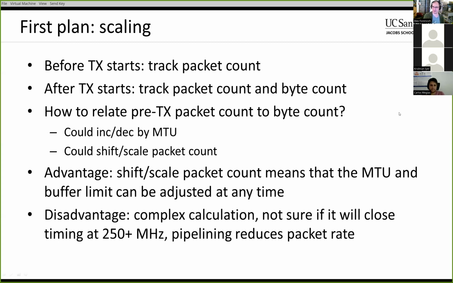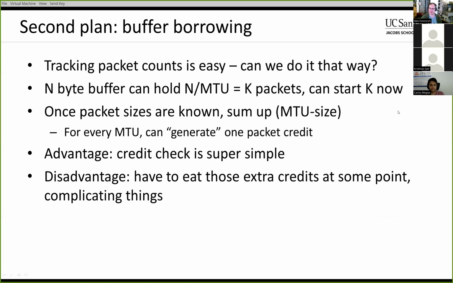So I went back to the drawing board and came up with a couple of ideas. The second idea I had was what I was calling buffer borrowing. Tracking packet counts is easy. If we know we can send 5 packets, then we can send 5 packets. If we have to do this complicated calculation every single time we want to send a packet, then that's potentially going to be more problematic. So let's say we have a buffer of N bytes.